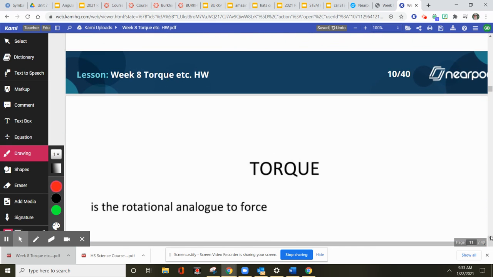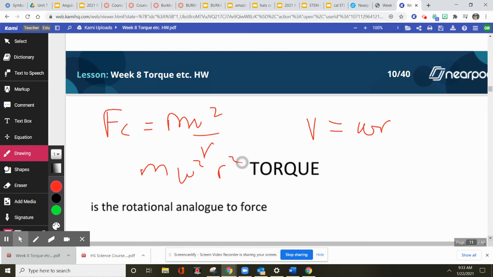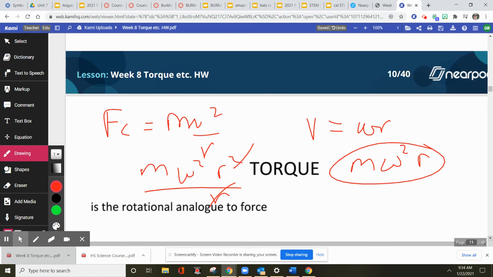This has nothing to do with torque, but if centripetal force is equal to mv squared over r, and v is equal to omega r, then this is equal to m omega squared r squared over r, and that cancels. So another formula for centripetal force is m omega squared times r. You could use that, and then you wouldn't have to calculate the tangential velocity.